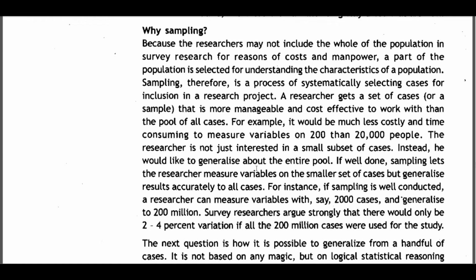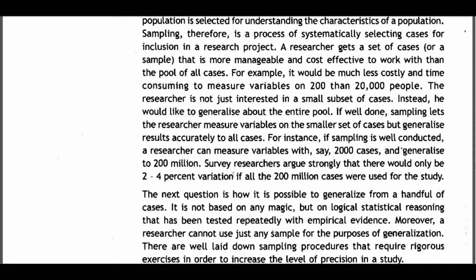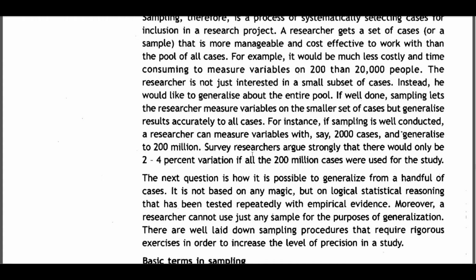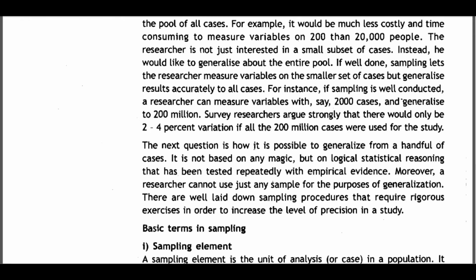If well done, sampling lets the researcher measure variables on the smaller set of cases but generalize the result accurately to all cases. For instance, if sampling is well conducted, a researcher can measure variables with say 2000 cases and generalize to 200 million. Survey researchers argue strongly that there would only be a 2 to 4% variation if all these 200 million cases were used for the study.